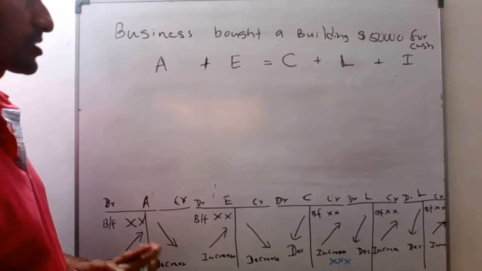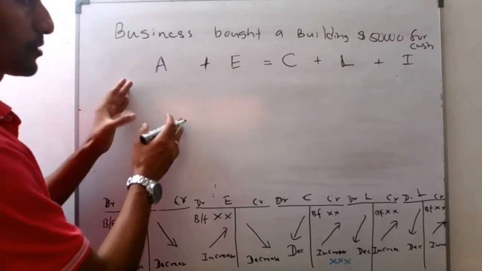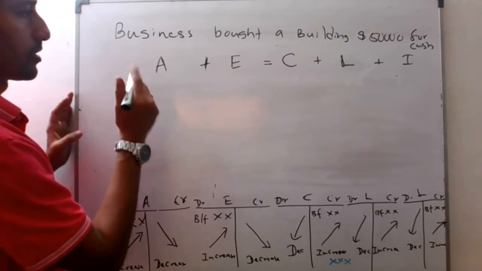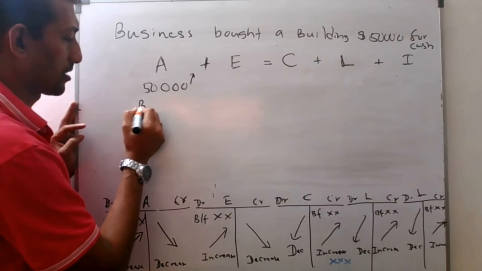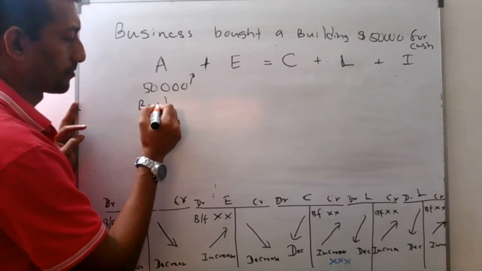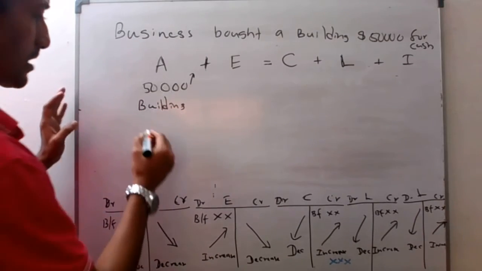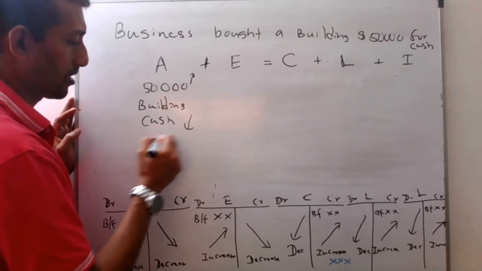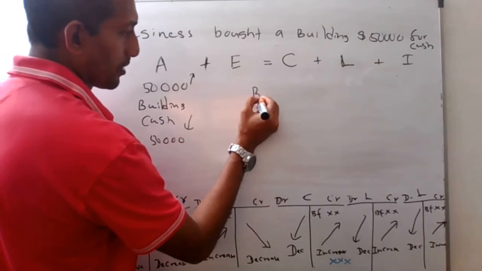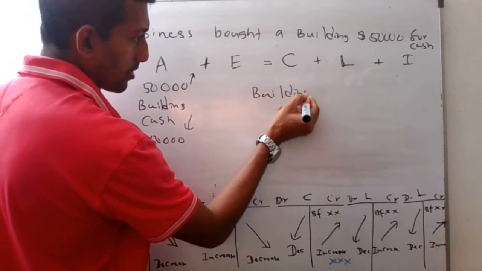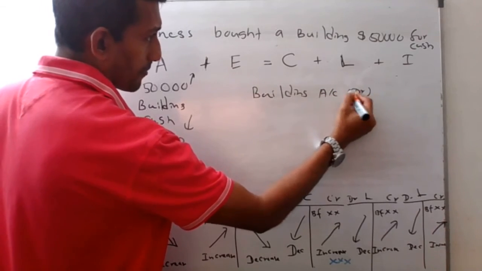Another transaction, business is purchasing a building for 50,000 cash. So if we put it to the accounting equation, a new building, an asset, worth 50,000 will be created. At the same time, you are reducing your cash by 50,000. So the double entry would be building account will increase by 50,000.